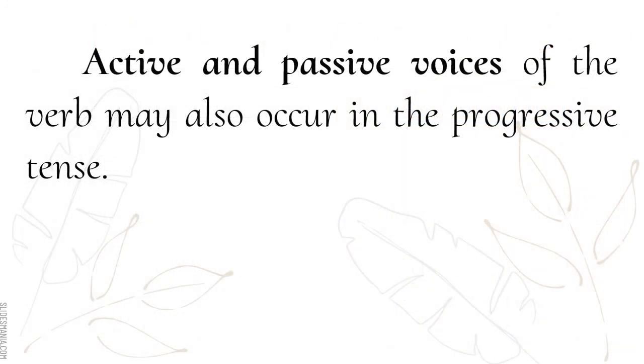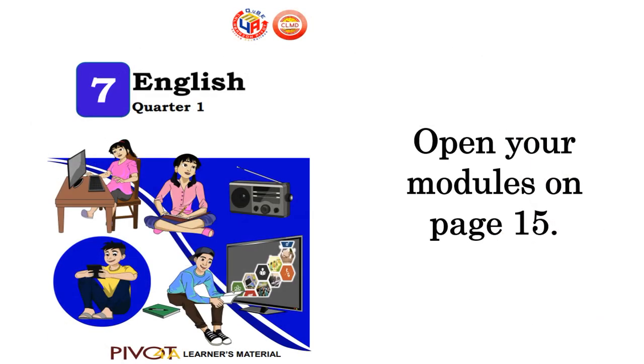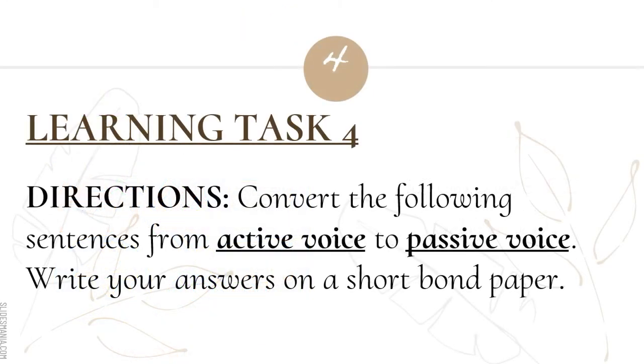So active and passive voices of the verbs may also occur in the progressive tense. Something that is progressing, something that is actually currently happening and still happening. Okay. Now I would like you to open your modules on page 15 and answer learning task number 4.